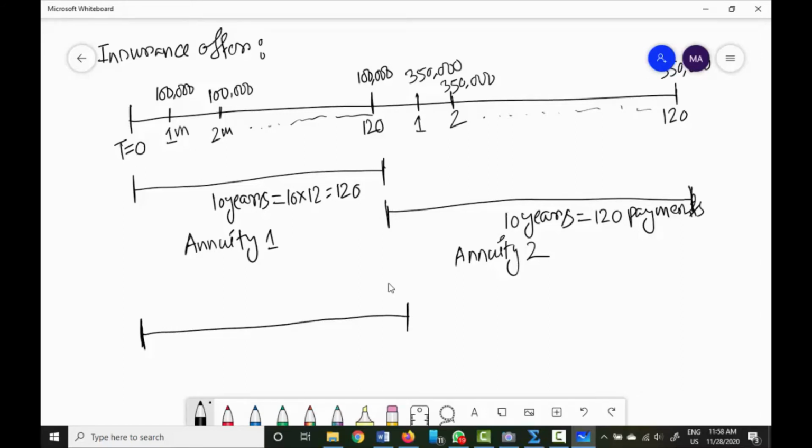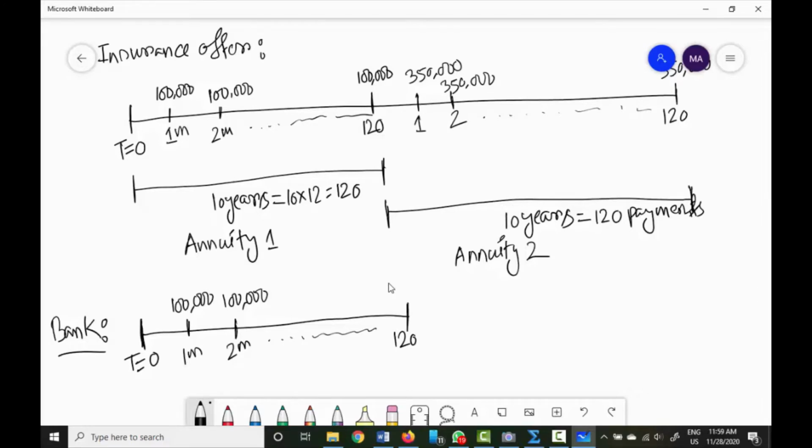So to compare it with the bank, let us consider that Mr. Harun will deposit the same 1 lakh taka. Like the insurance company, Mr. Harun will also pay the same 1 lakh taka to the bank at the end of every month up to a 10 year period, that is 120 months.